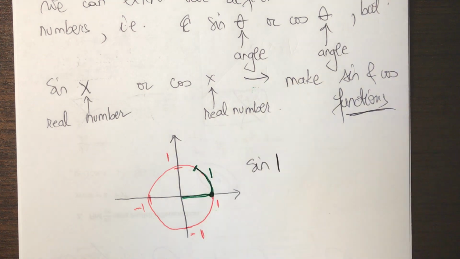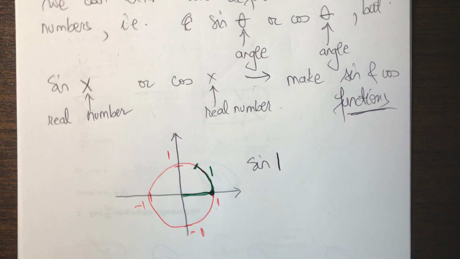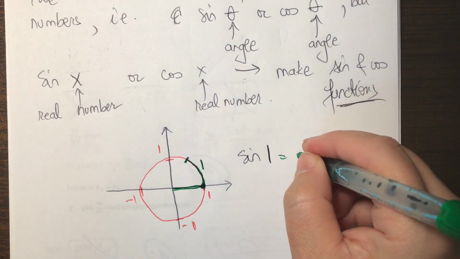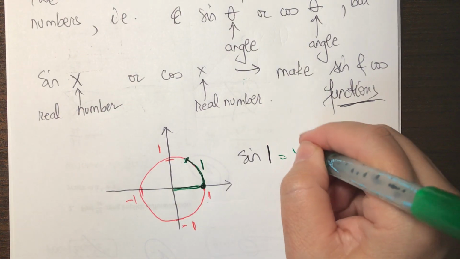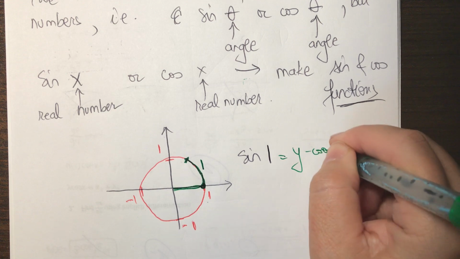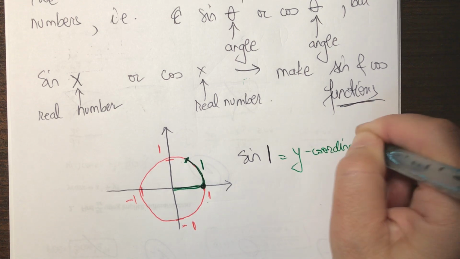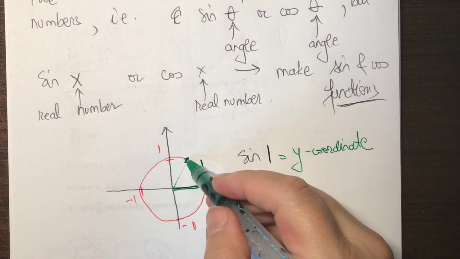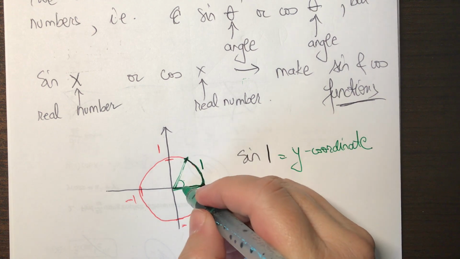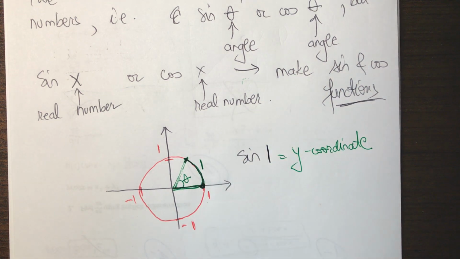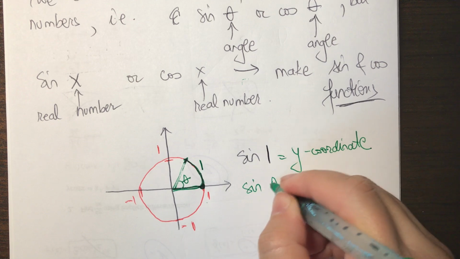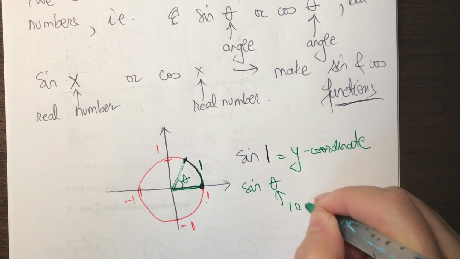So if I go a distance of 1 unit, then all I have to do is pick this y coordinate. And I'll write it down one more time. But that's really the same thing as what? The sine value of an angle of 1 radian.